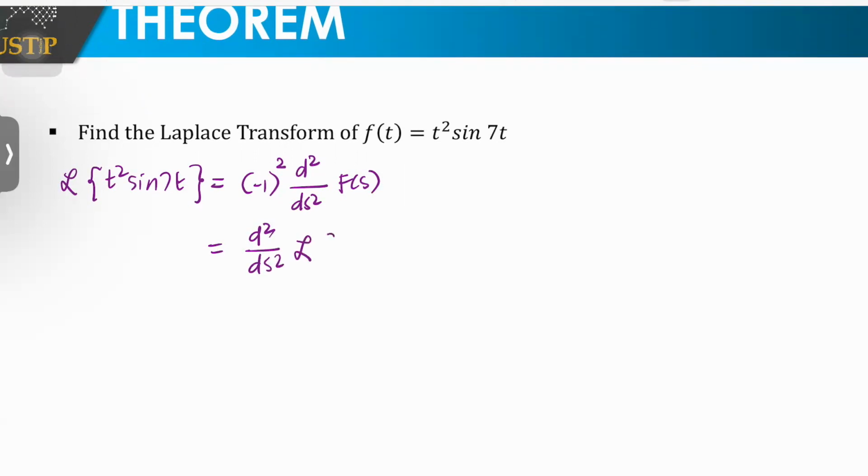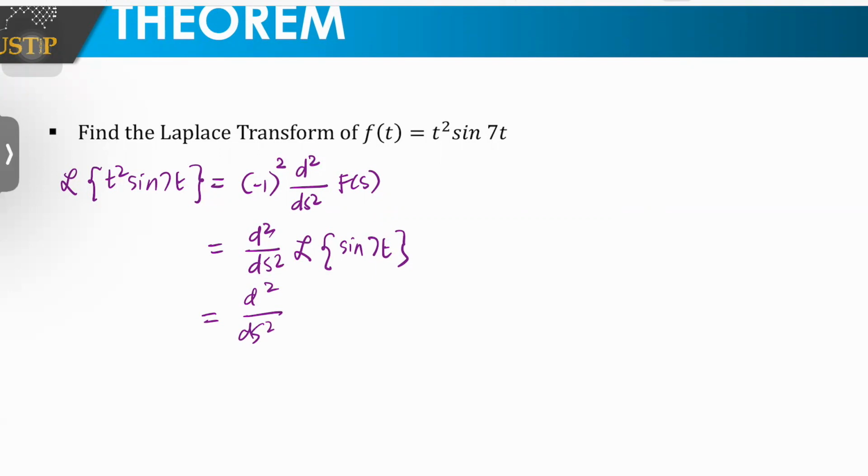whatever is multiplied to your t squared, or to your t or whatever. So that is the Laplace transform of sine 7t. Again, we need to get the Laplace transform of sine 7t.